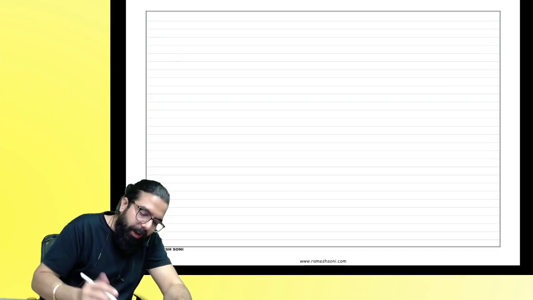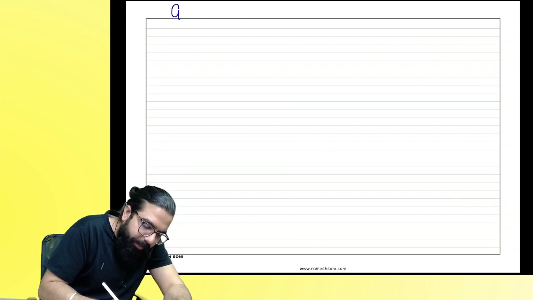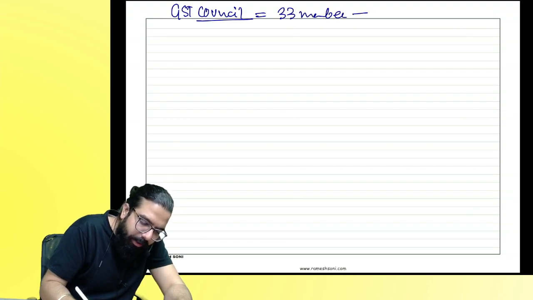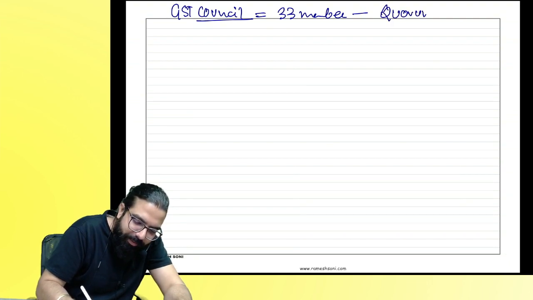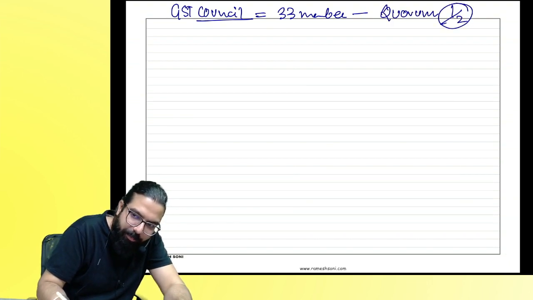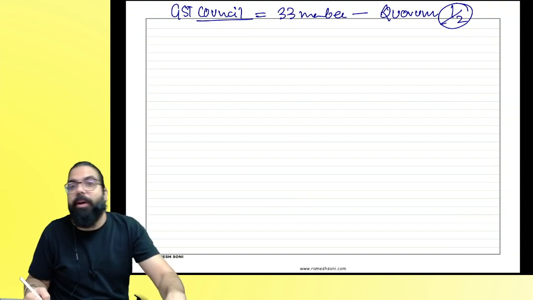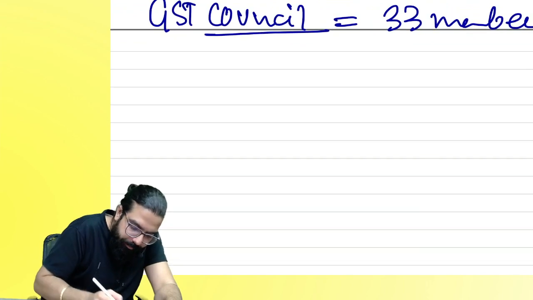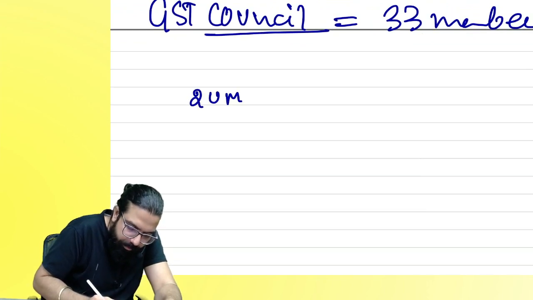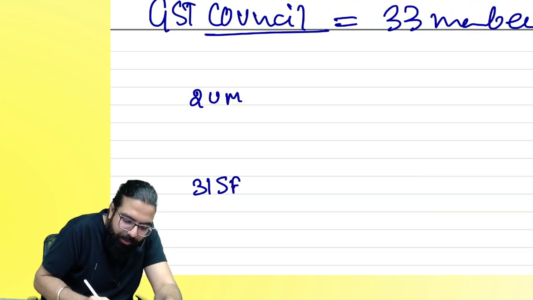Tell me one thing. How many members in the GST council? How much is the quorum? Half. Don't say 16.5. Everyone here, half of the number of members. 2 union members, 31 state finance ministers.